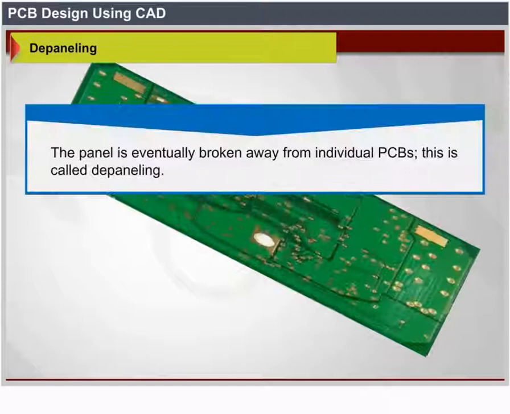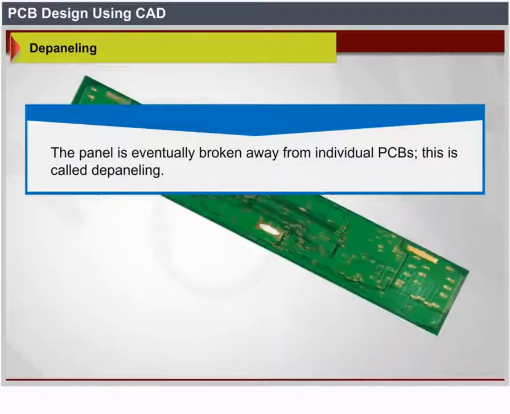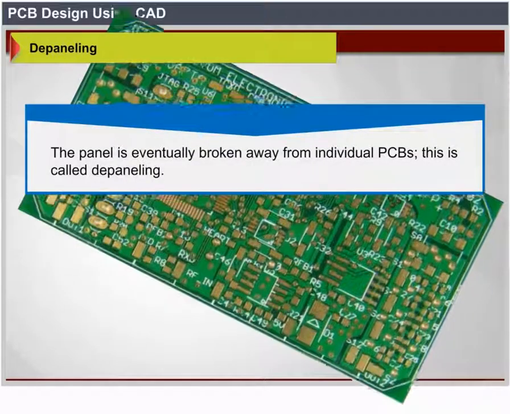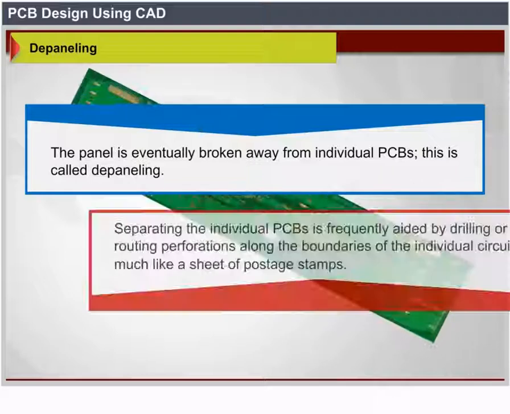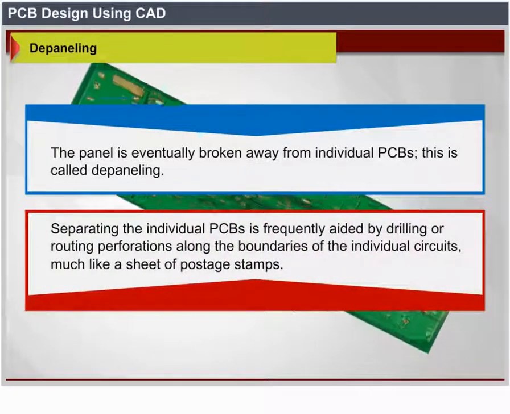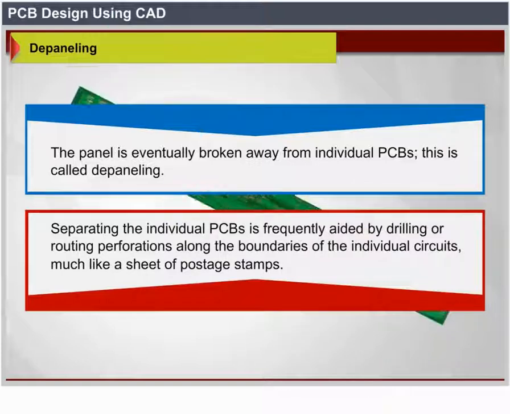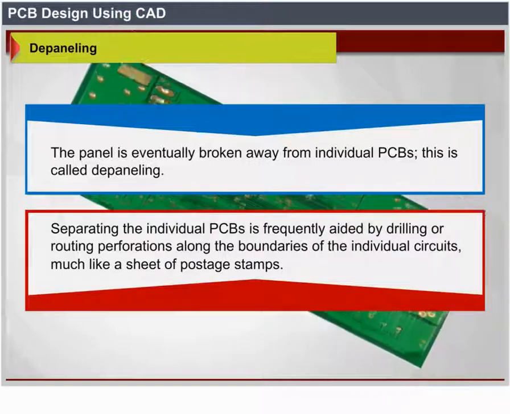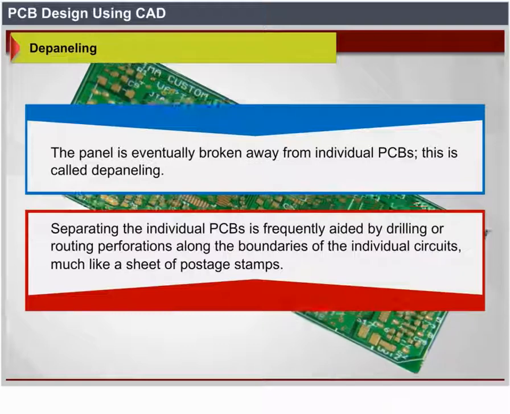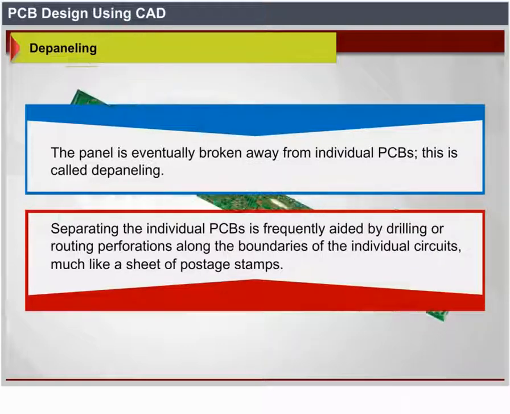Depaneling. A panel is eventually broken apart into individual PCBs. This is called depaneling. Separating the individual PCBs is frequently aided by drilling or routing perforations along the boundaries of the individual circuits, much like a sheet of postage stamps.